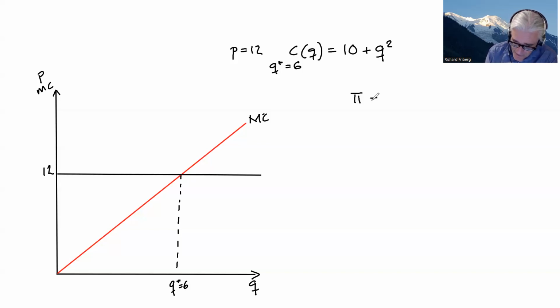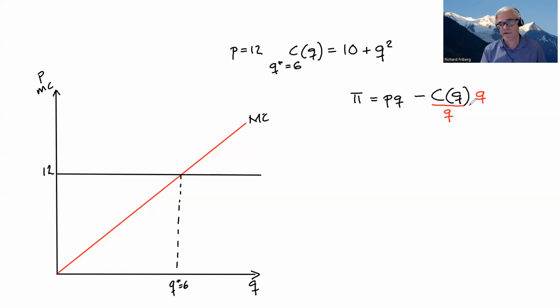So as we said, we've used pi to denote profits. And in a general form, we can write profits as revenue minus cost, like this. If we know where we're going, we can do a little trick here. We divide and multiply by Q, the second term. Okay, so this is like multiplying with Q over Q or multiplying with 1.